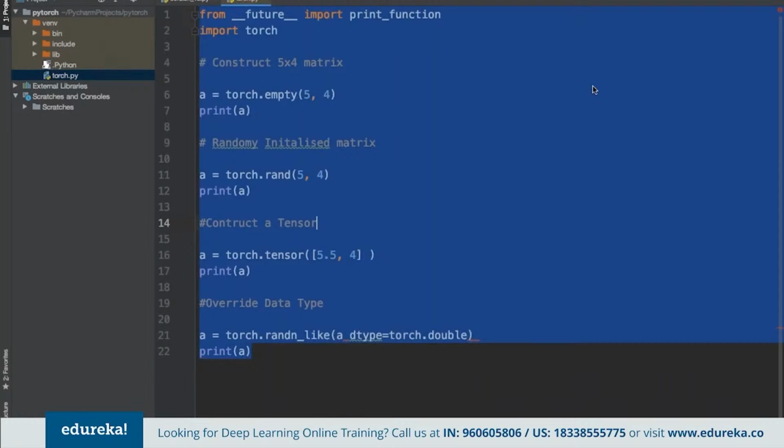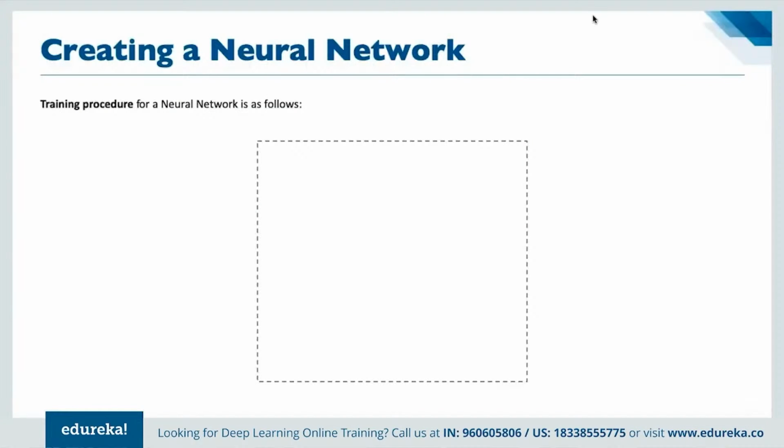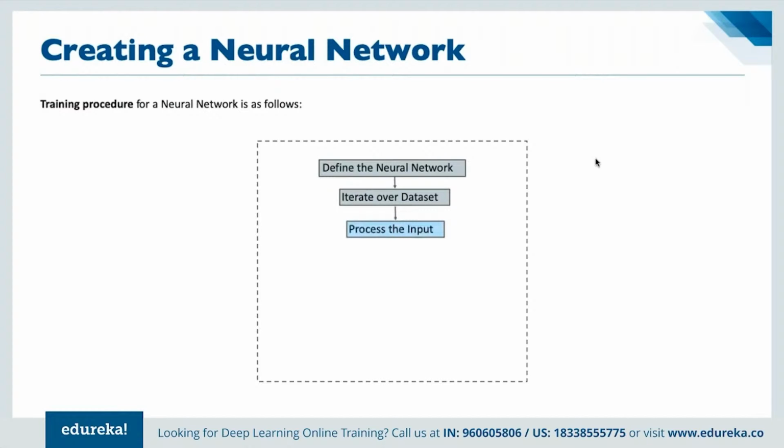Now, if we have to talk about how exactly we can train a neural network: whenever we are creating a neural network, there are multiple processes that we have to take care of. First of all, we define the entire neural network, and then we iterate over a given data set. Then we process the input, compute the loss incurred, and propagate gradients back.